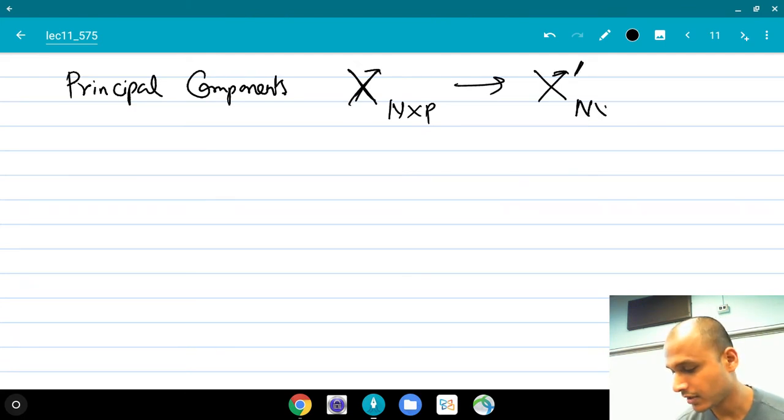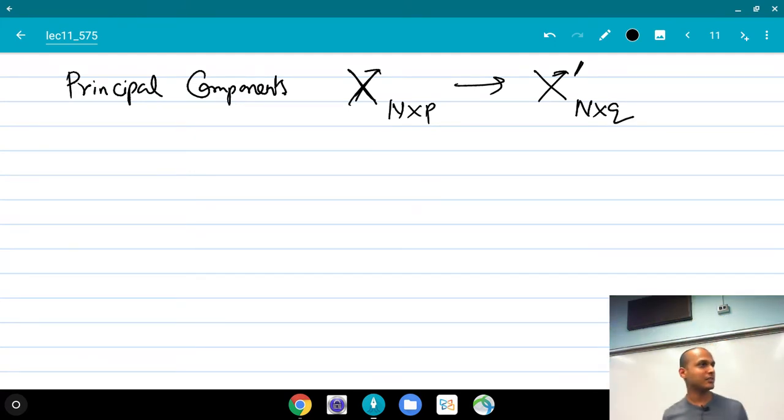I want to get to some other matrix X prime, which is n cross q. It just means that I still have the same number of observations, n, but each observation is not p dimensional. Now it's only q dimensional. Let's say q is 5 and p is 50, so you've reduced the dimensionality from 50 to 5.